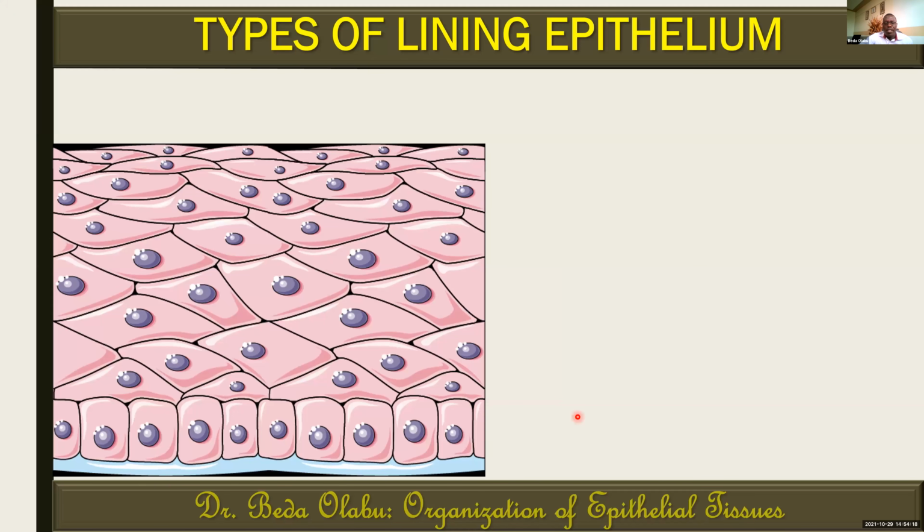Okay, this other one, I want us to look at it again. So we see that this epithelium is by all means stratified. And you may wonder, should you call it stratified cuboidal because of this? Or what should you call it? Importantly, you have to remember what we agreed.